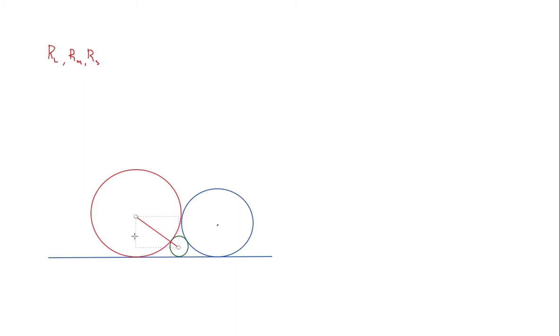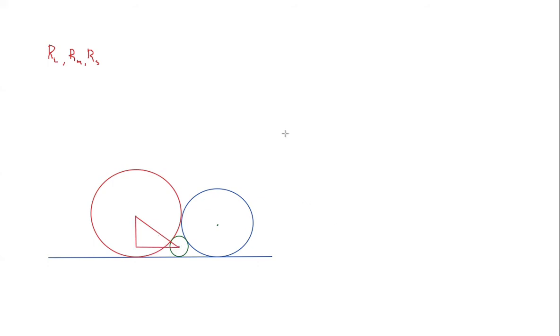If we take a look at this leg of the triangle, that distance is going to be RL, the entire length of this radius, minus RS, because we stopped at the center, so we're not going all the way down. So this vertical distance is going to be RL minus RS. Okay, so I can draw that in. So you're only going to here, and then we're going to go all the way across.